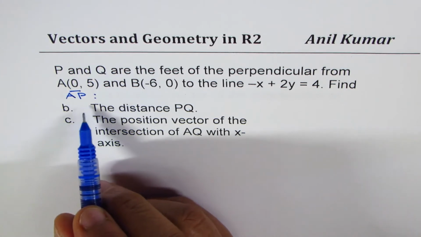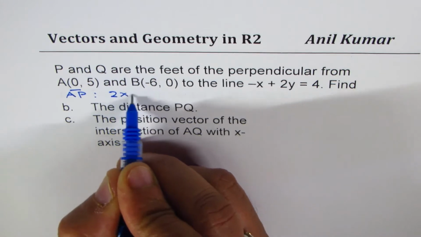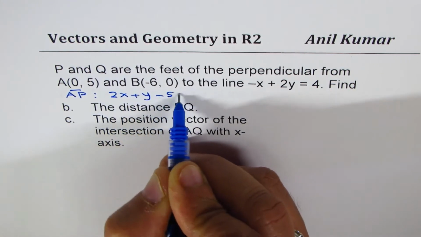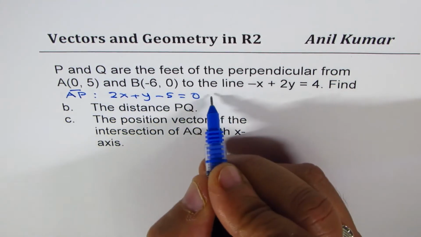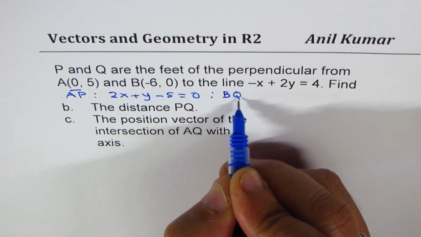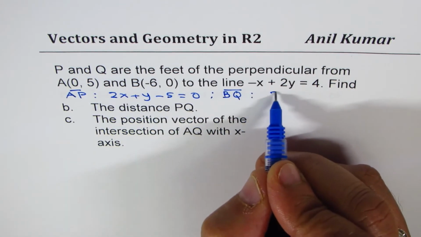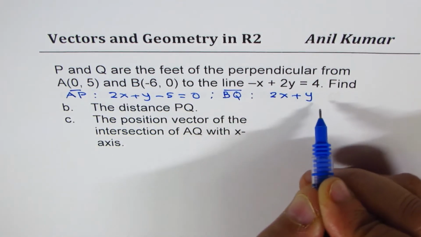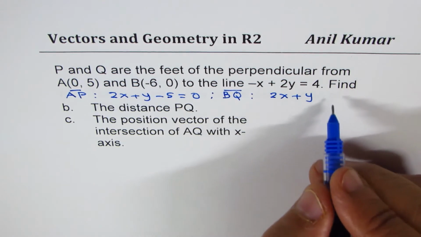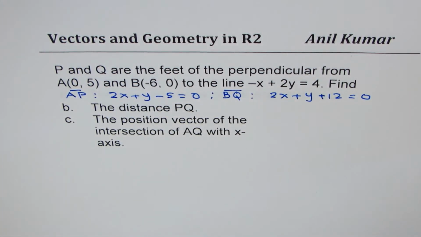So the AP equation, if I'm copying from there, is 2x plus y minus 5 equals 0. I brought it to the left side. And the other equation is BQ. BQ is again 2x plus y, and minus 12 becomes plus 12 when you bring it to this side. So these are the two equations.